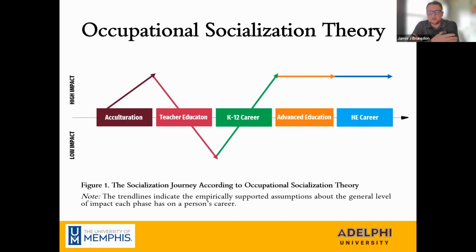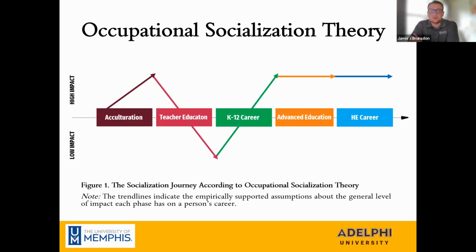Thereafter, having completed formal teacher education, individuals enter, sometimes, not always, immediately into a career in K through 12 teaching. They then move on to advanced studies, be that master's or PhD programs, and then in the context of the United States, they move on to a higher education career. We also recognize that this isn't always a straightforward process.